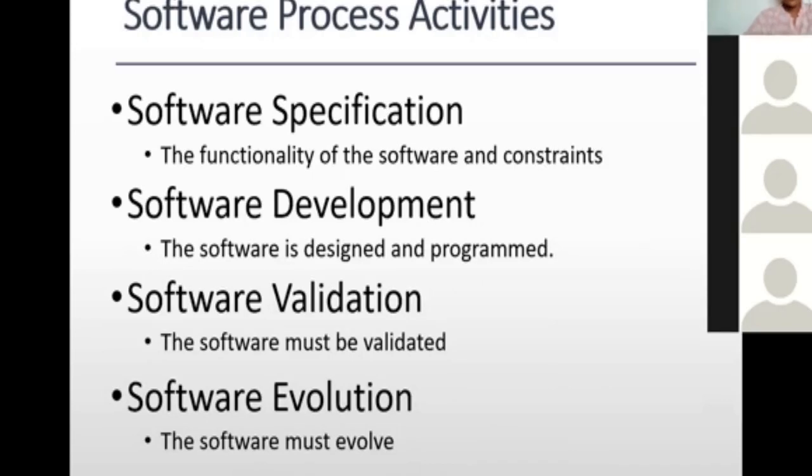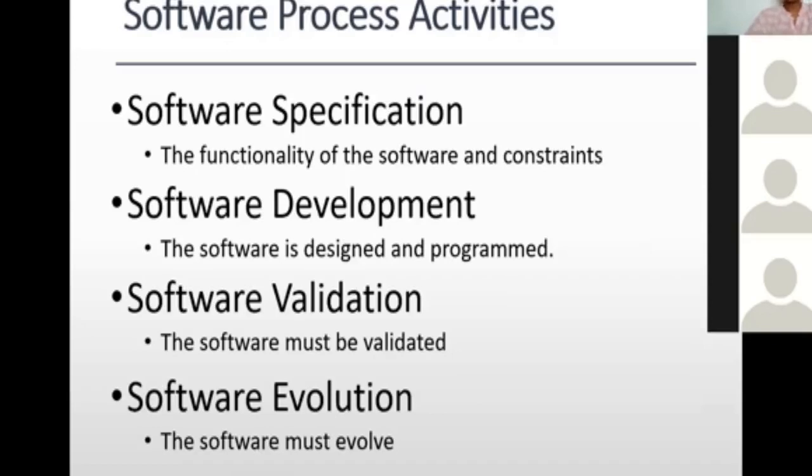Then we have to design the software based on those requirements, and implement or program it properly. Then we have to test it properly. Then we have to do the maintenance, or accommodate any other changes that the customer needs. So these are the steps of the software process.